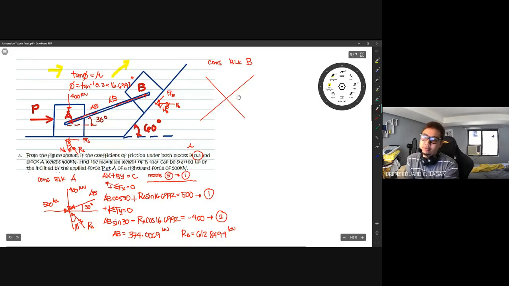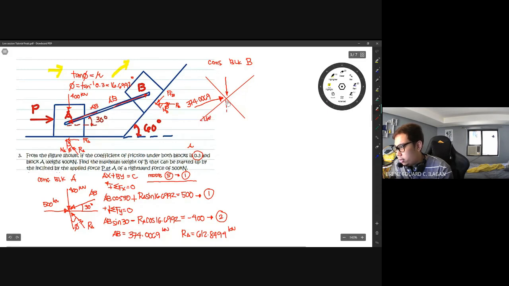Medyo nakakalito pala no to. So, yung AB mo is going in this direction, with a value of 374.0069. Aside from that, again, pinapahanap yung weight ng iyong block B. So, kung ito ay 60, wait lang ha.